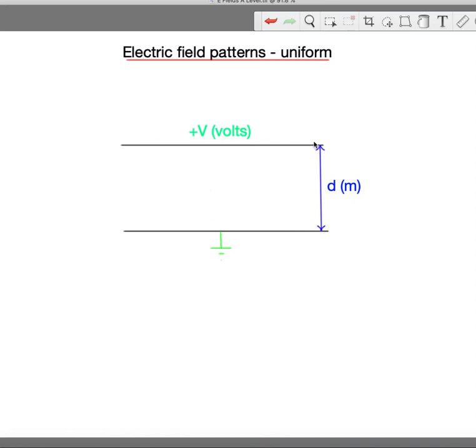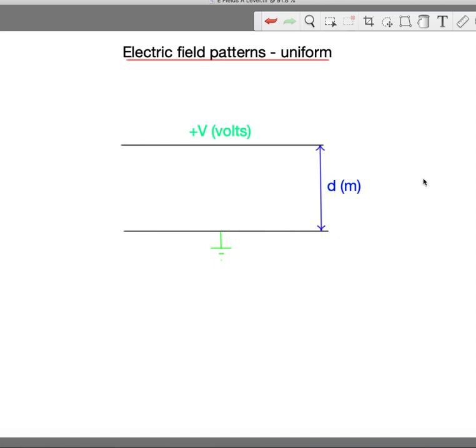The top one then is at plus V volts. So I've done it like this rather than drawing my power supply out here with my battery, just to make the diagram a little clearer. But the top plate is connected to the positive terminal of my power supply, the bottom plate connected to my negative terminal. And so I have plus V volts between these plates.